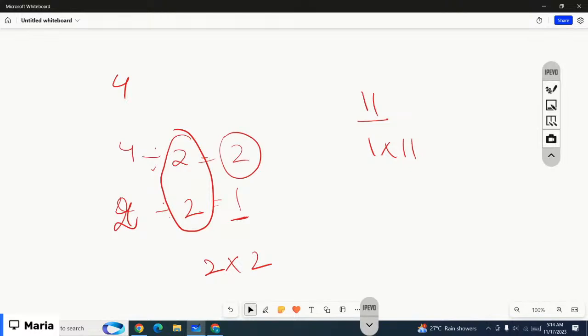Do you have any? No. That means 11 has only two factors, 1 and 11. So 11 is a prime number. Got it? Only two factors, 1 and the number itself.